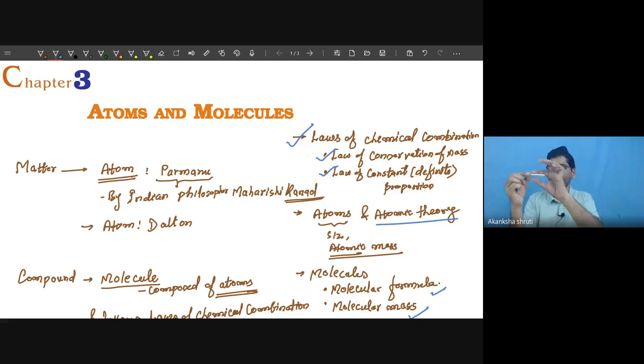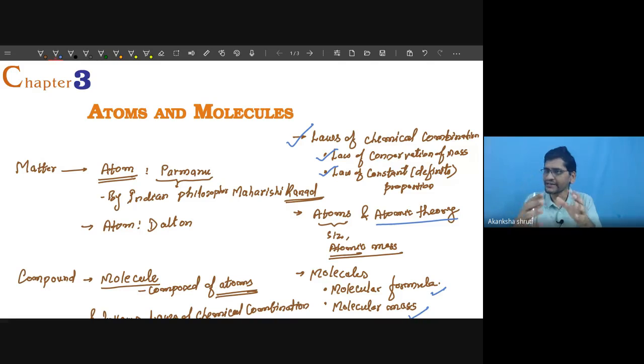If I start breaking this, destroying this, breaking into 2 pieces, then one of the pieces into another 2, one of those smaller pieces into another 2, breaking it to the smallest extent that you can break a matter, that smallest part was called Paramanu by the Indian philosopher Maharshi Kanad.